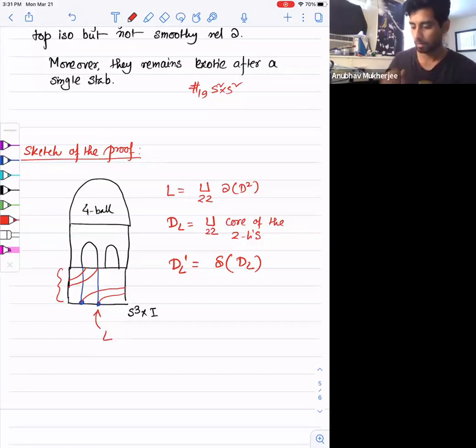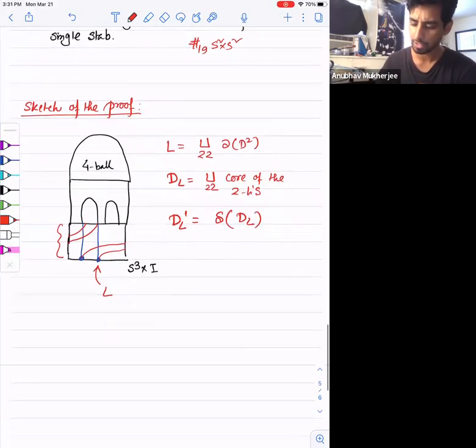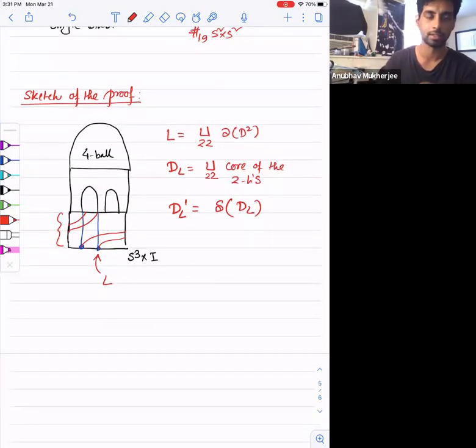Now, first of all, notice that these two pairs of disks are topologically isotopic, right? Because I can think of this as just extending the Dehn twist as the identity in this part.